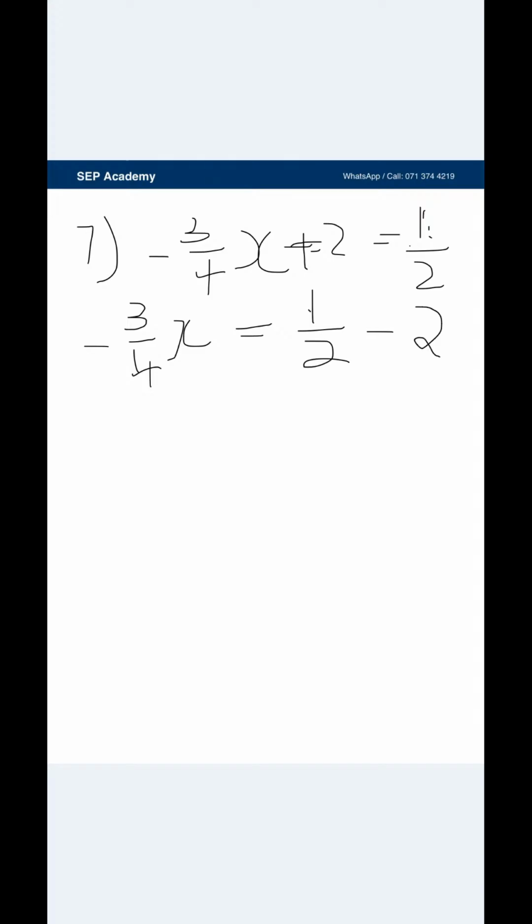Definitely, it will have to change its sign. And then you now have your negative 3 over 4x, which will be equal to half minus 2. Definitely that should be negative 1.5, which is negative 3 over 2. Half minus 2, yes, negative 3 over 2.